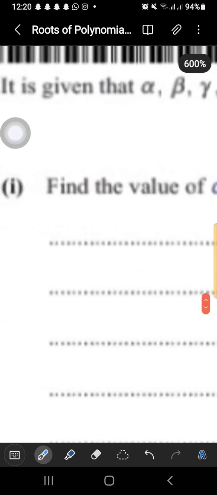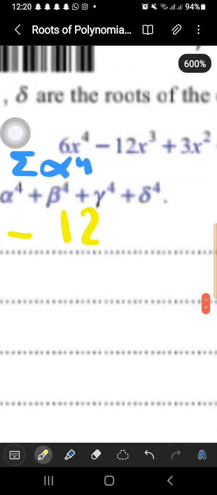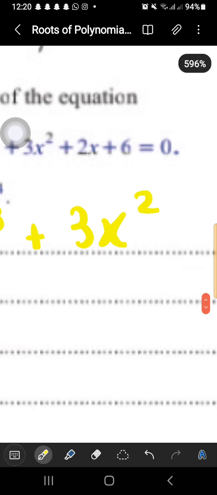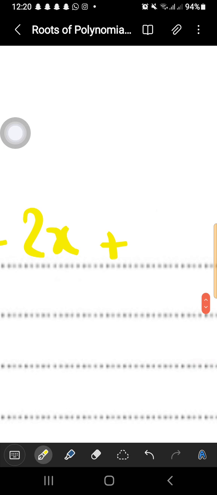So let's do this. What was given, I'm writing it with yellow: 6x power 4 minus 12x cube plus 3x square plus 2x and plus 6 is equal to 0.